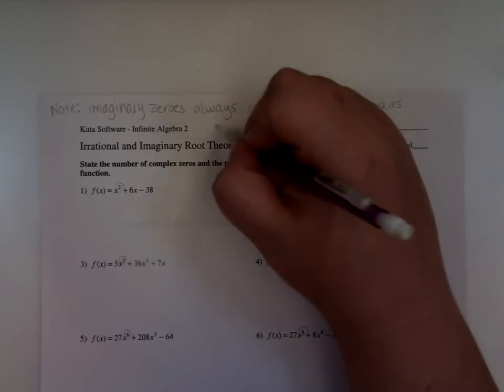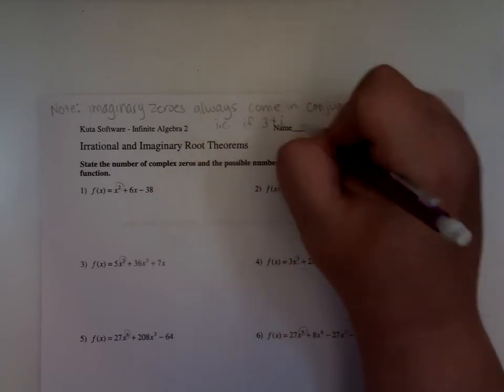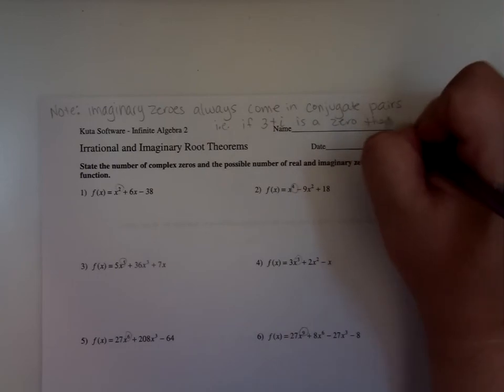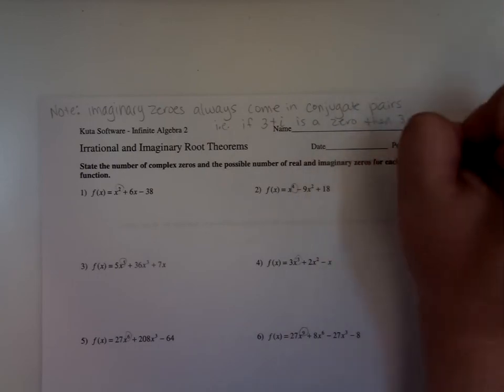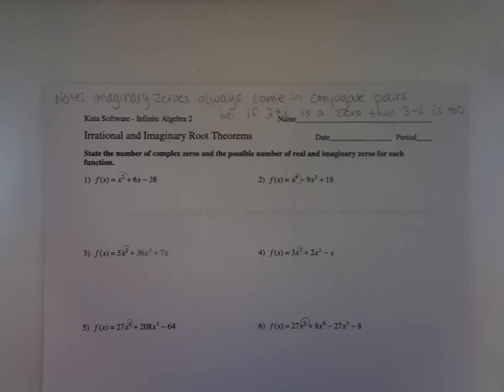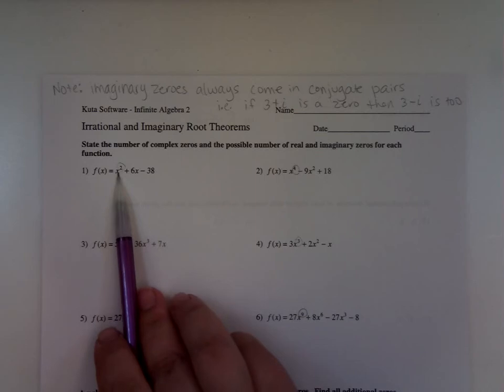So, in other words, if 3 plus i is a zero, then 3 minus i is too. So if you have imaginary solutions, you're always going to have an even number of them. So in something like this, this is going to have 2 zeros.